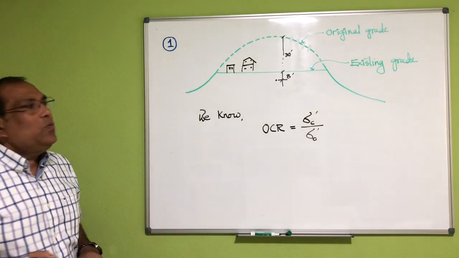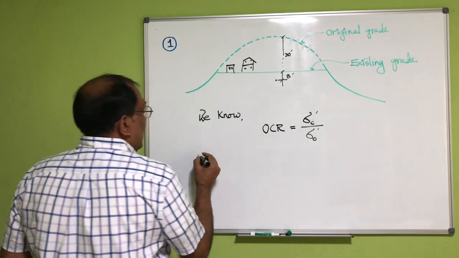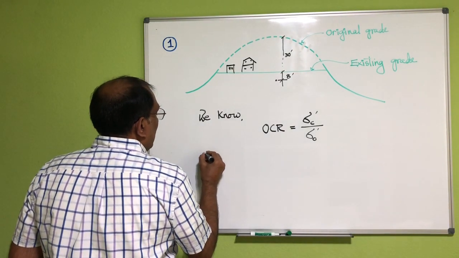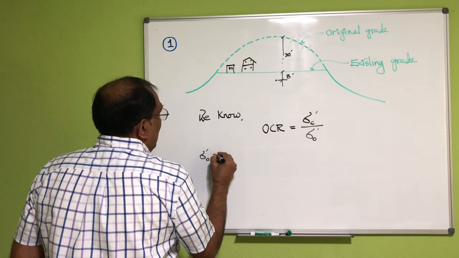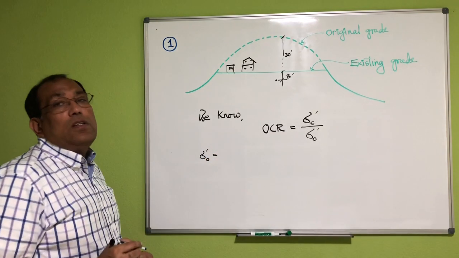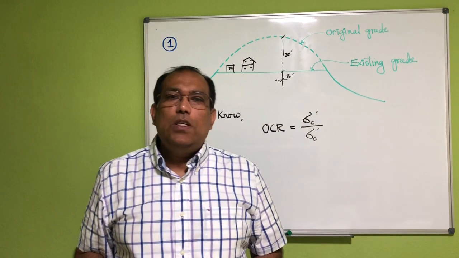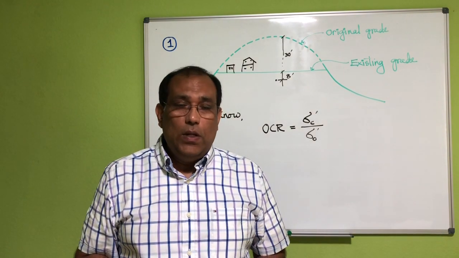So what would be the current overburden pressure here? There is no water table, so we don't have to think about that. Basically, the total stress would be equal to the effective stress because the soil is not saturated there.